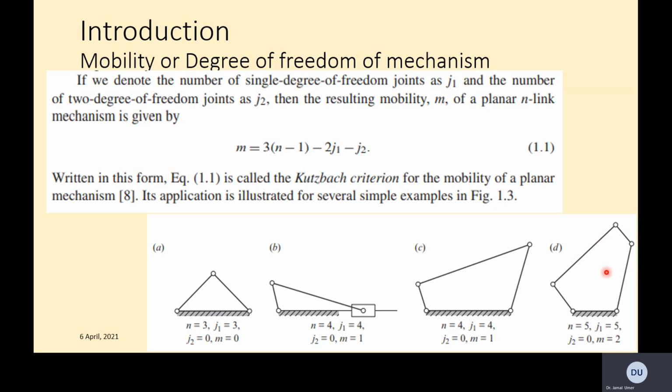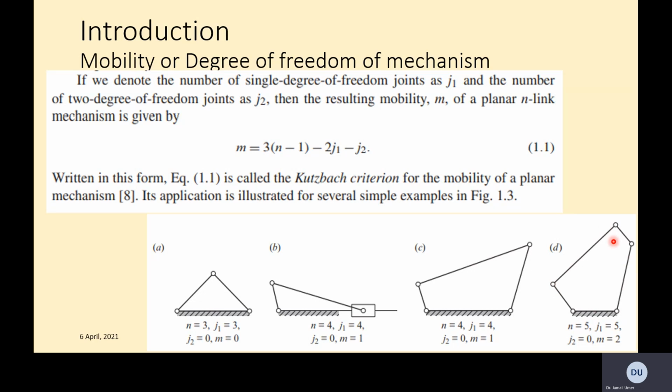So you can imagine if you try to move it, it could have different kinds of rotations compared to this one, for example, because the links are connected in such a way. If you want to move this end, it has a different phenomenon.